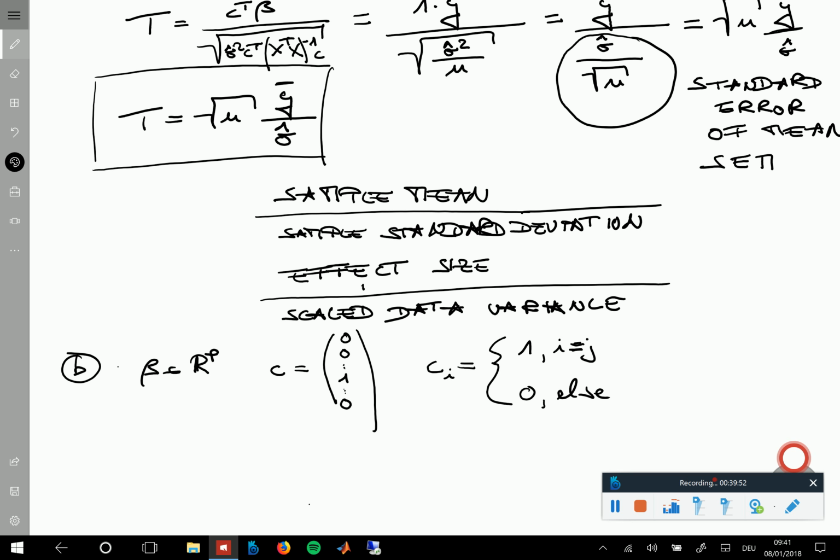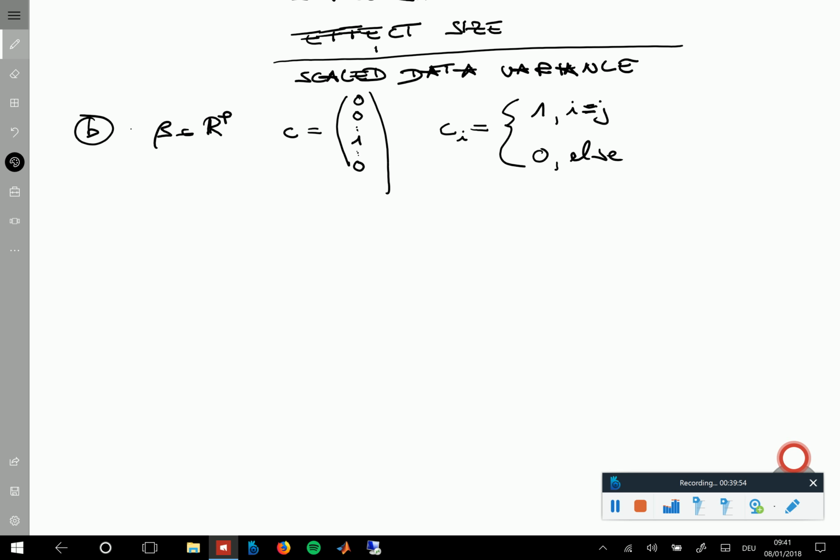And then what the t-value does with its formulation is that you have this c transpose times beta hat, and then you single out a specific single parameter, right?